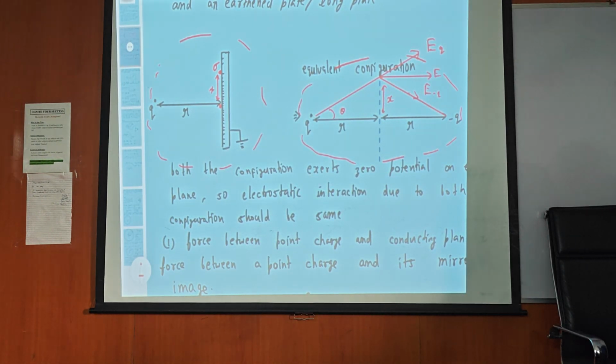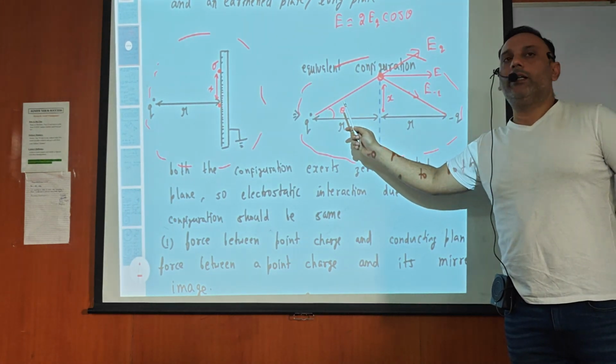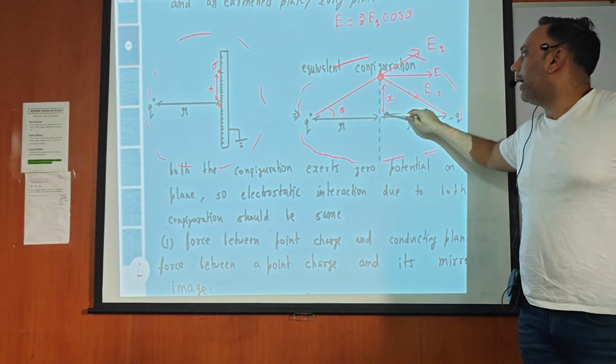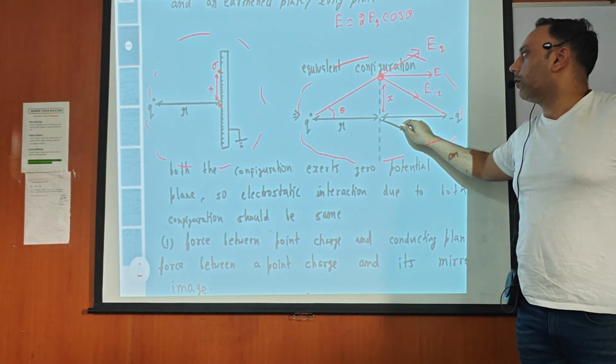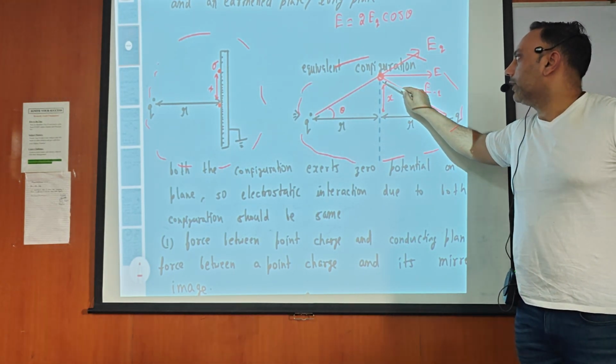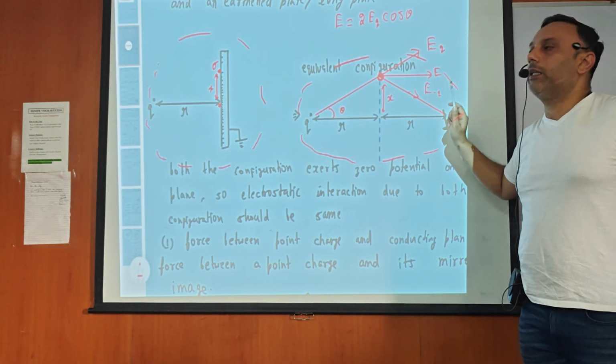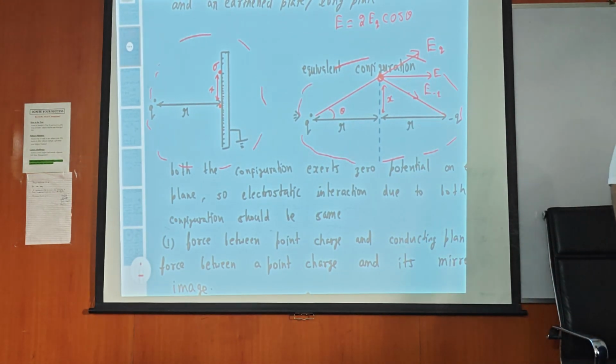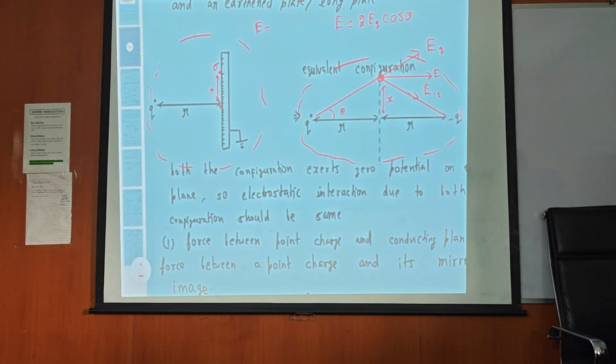So the net electric field here due to the two point charge system, E, I can write as 2 times EQ into cos theta. I am just finding the net electric field at any distance x from the center of symmetry. So it is 2 EQ cos theta. Now what is EQ?